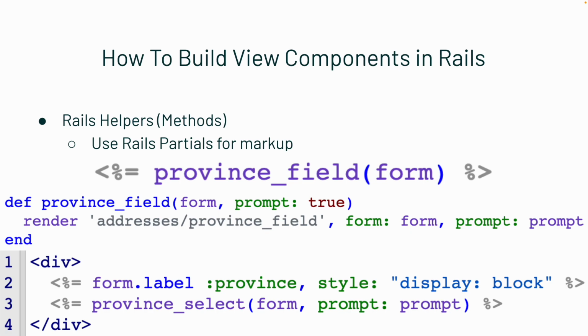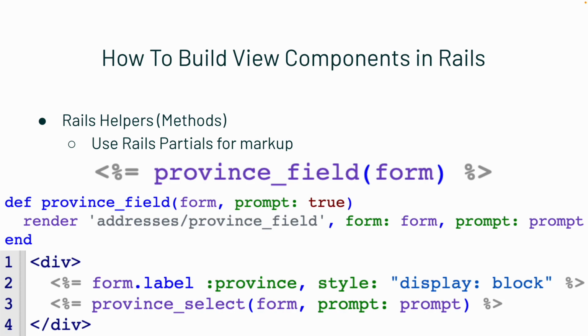You have the best of both worlds at the same time now in Rails without needing to use a third-party library. So I can build this province field using this partial. What I just did is I upgraded the province select box into a province field instead.